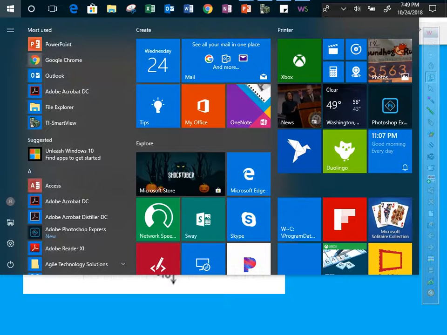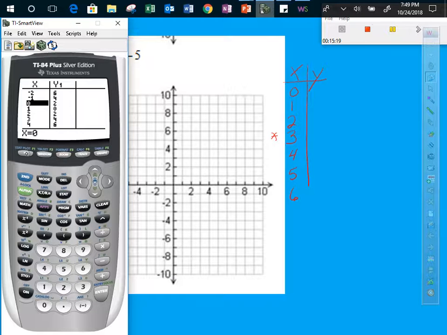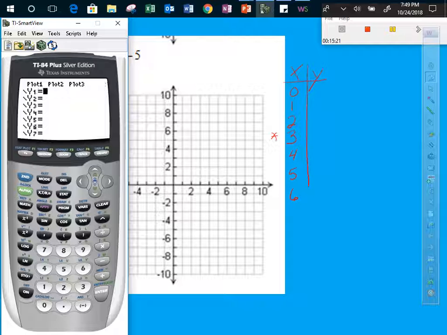Let's let our calculator do the work for us now. Let's go y equal clear. Let's type in 2 parenthesis x minus 3 squared. Let me start again since I just typed the wrong thing, guys. 2 parenthesis x minus 3 squared.